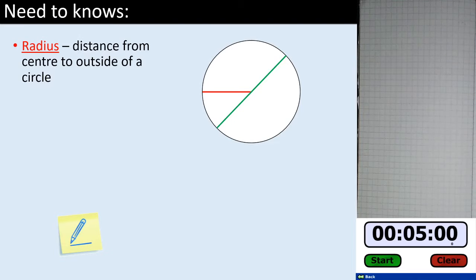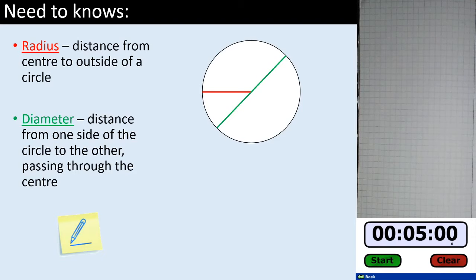And the other one we will need to know, the green line, again, you may be thinking to yourself, I know what that is as well, things are going well. That's our diameter, and that's the distance from one side of the circle to the other side of the circle that passes through the center.